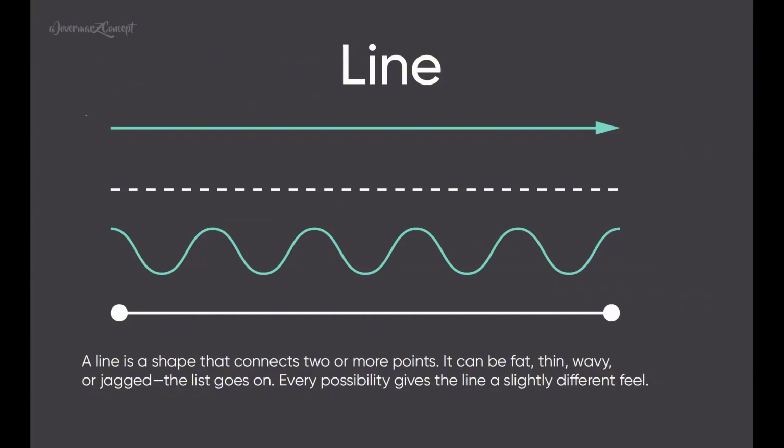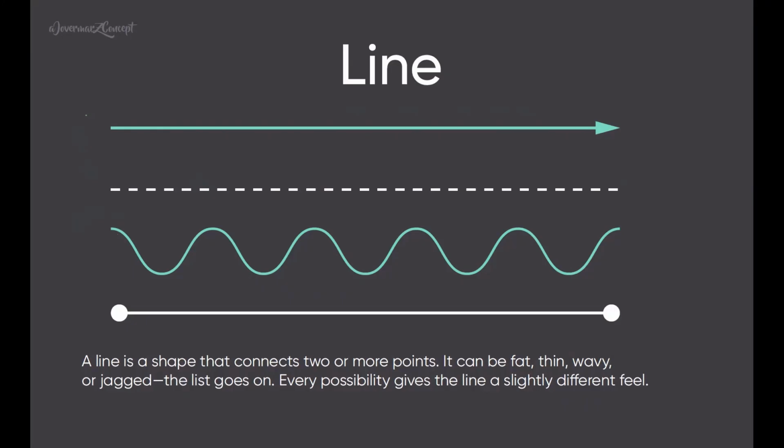The first fundamental is line. As you can see, it's just line. But it becomes more than just a line when you see it in different forms. A straight line with an arrowhead, dashed lines, wavy lines, or a line that has two dots at the end.